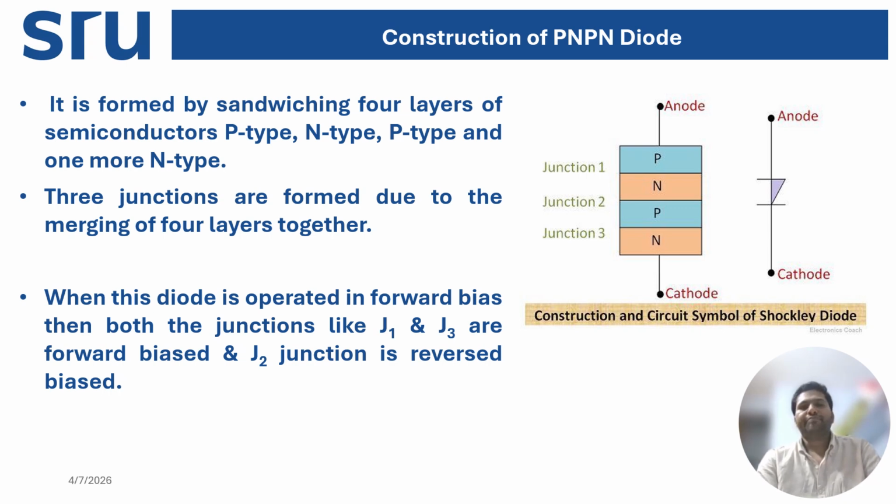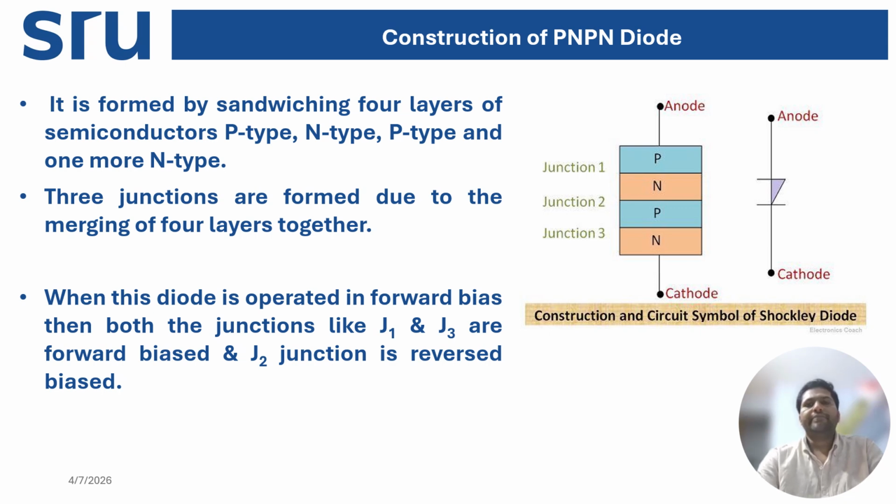So, biasing conditions: when the PNPN diode operates in forward bias condition, junctions J1 and J3 are forward biased, and junction J2 is reverse biased.